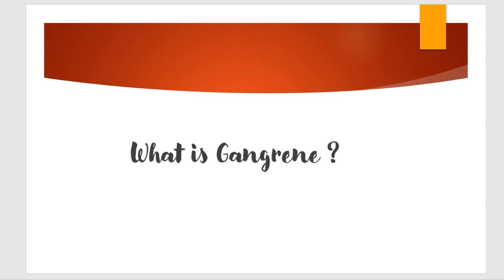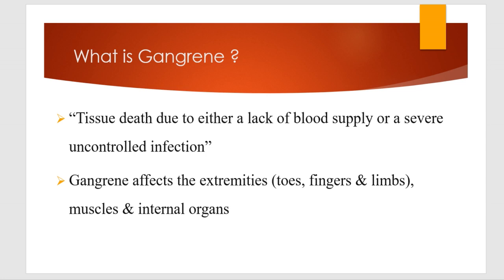The second question was, what is gangrene? Gangrene can be defined as tissue death. Basically, either it is a wet gangrene or dry gangrene or any type of gangrene, the basic common problem is the lack of blood supply.